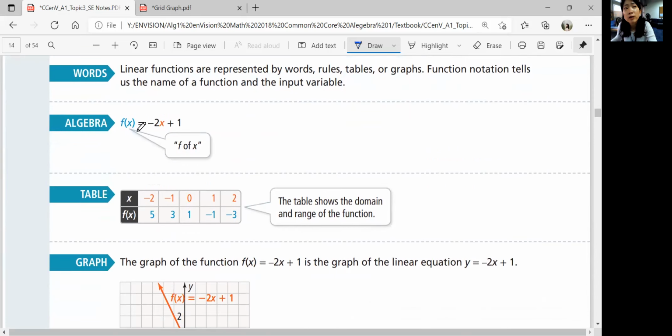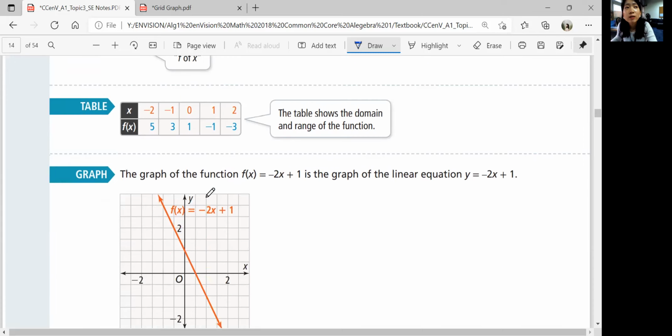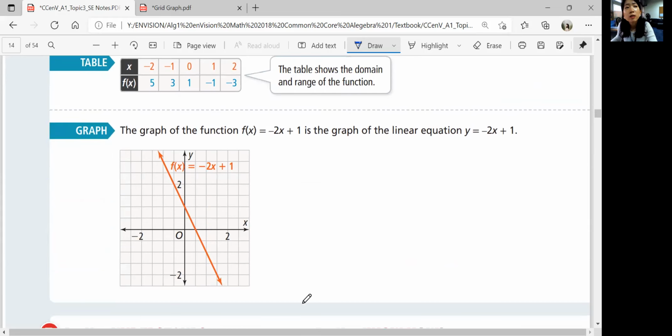So remember that you read this function notation as f of x, and whatever the variables are, it's your output of your input. Then you write the rules for that. You can represent it using a table, which gives ordered pairs, and the graph, where you can plot the points and graph a linear equation.